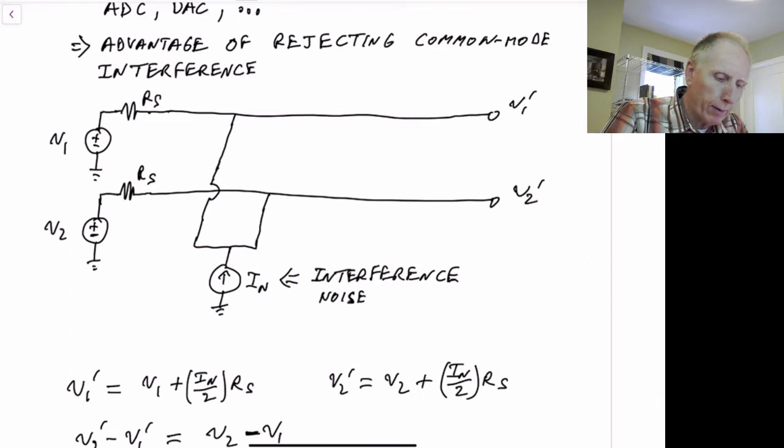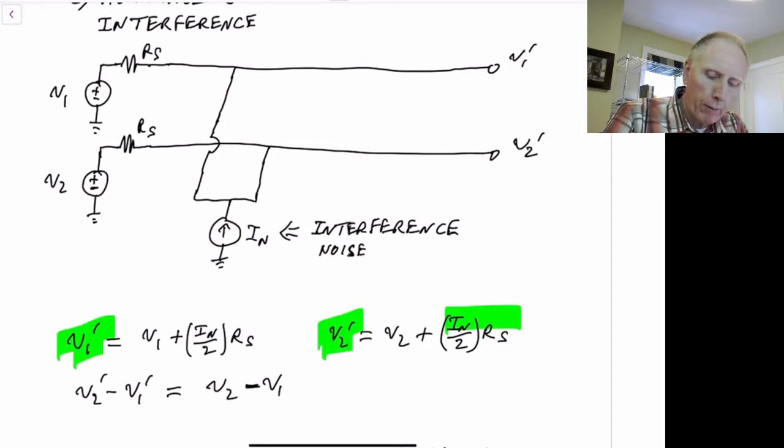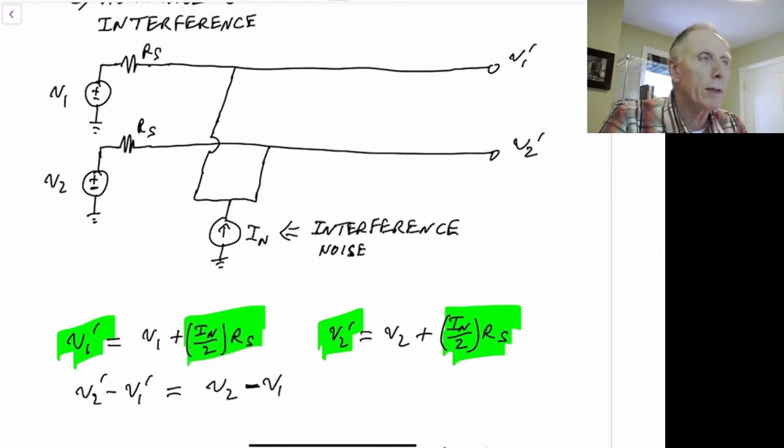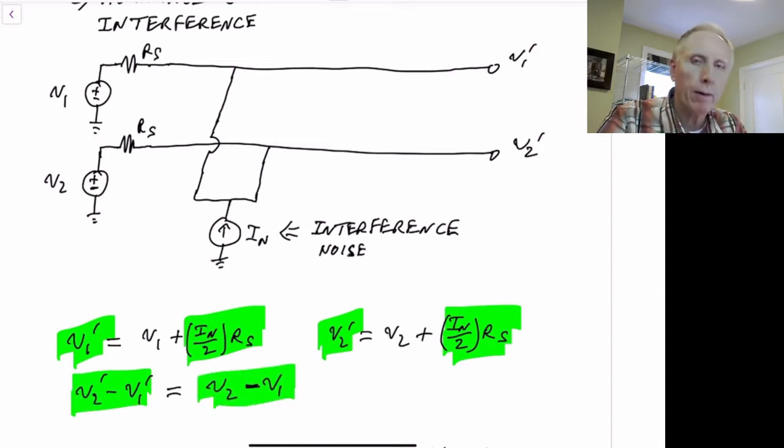The benefit of this, if you look at these two voltages, is that V1 prime and V2 prime both have the same noise portion on them. So assuming that the two wires are symmetrical and the noise is injected similarly between the two sides, then if we look at the difference between V2 prime and V1 prime, we see the original V2 minus V1 with no noise on it.